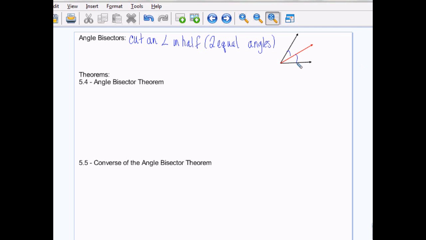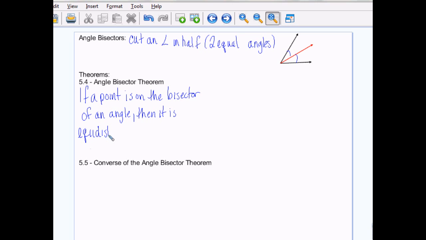And then our angle bisector theorem tells us, basically, if I have an angle and I bisect it, so this part is the same as that part, and I find some random point on the bisector, anywhere along the bisector.